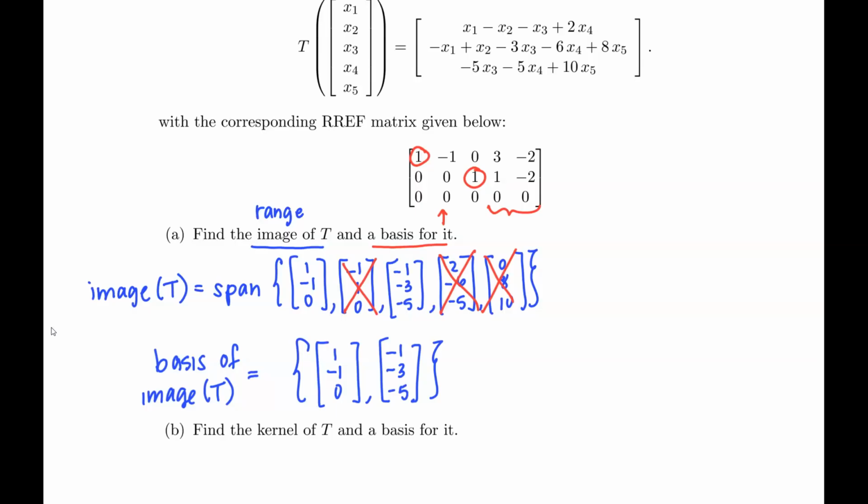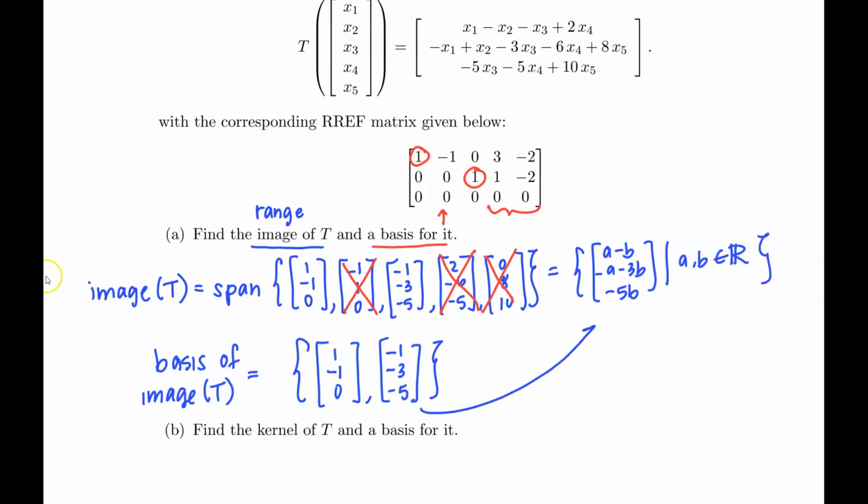Or you could use that sort of solution set language that we've been doing previously, of like, okay, well this is some a minus b, negative a minus 3b, and negative 5b for some a and b in the real numbers. Yeah, I could have written that too. And that's just coming back and rewriting that basis or that span as a linear combination.